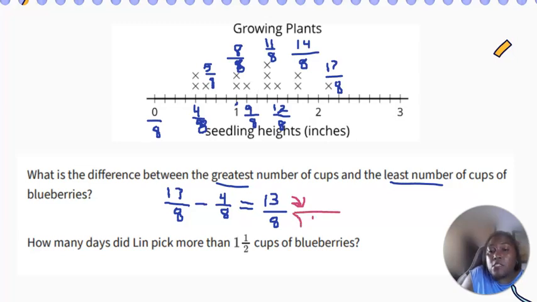And so we ask ourselves, how many groups of 8 can I make in 13? That will be 1. And then we do 13 minus 8. That'll be 1 and 5/8.